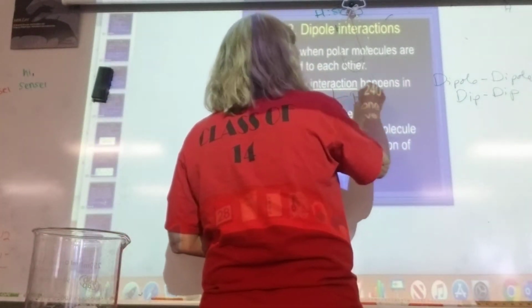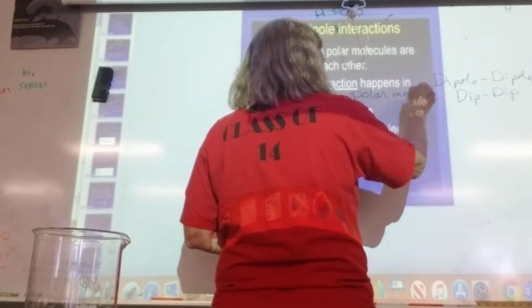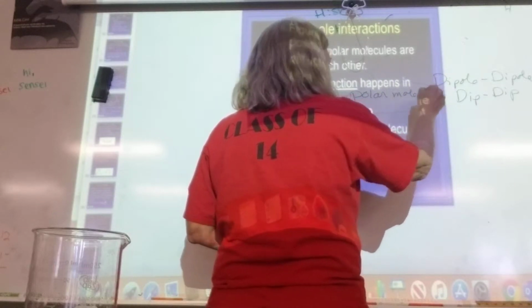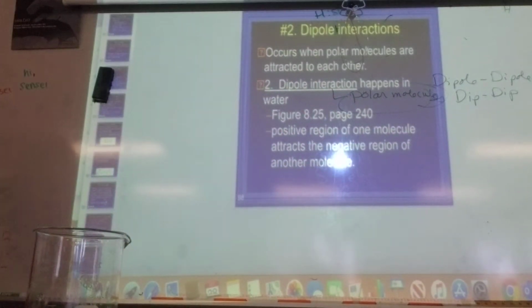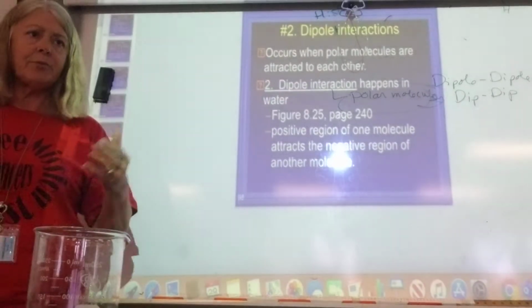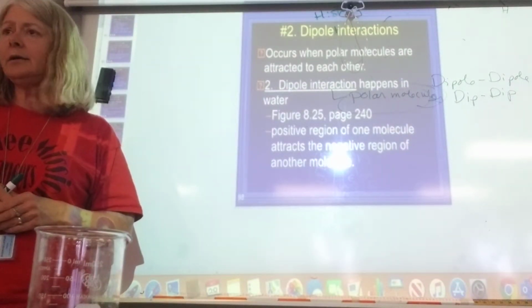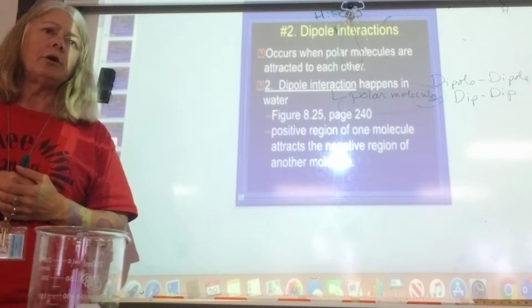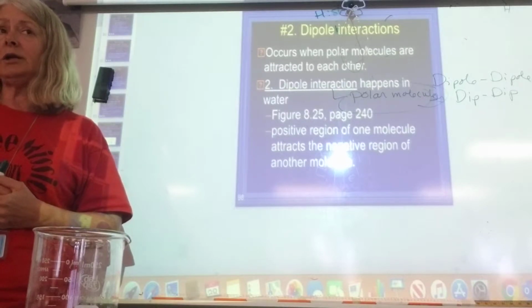This one is for polar molecules. And I'm going to bring that even further. I'm not going to spend a lot of time on dipole right now, but if you draw a structural formula like we did on page 1 of that packet, and it's a polar molecule, then your intermolecular attraction has to be dipole. Is that clear?